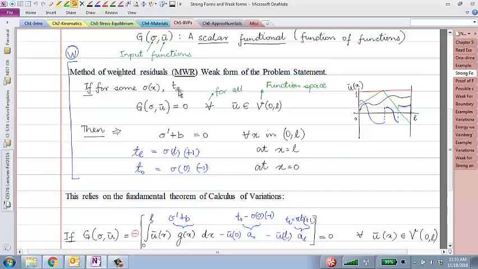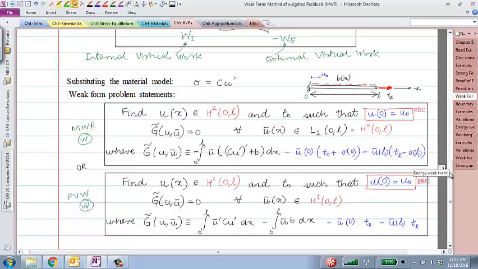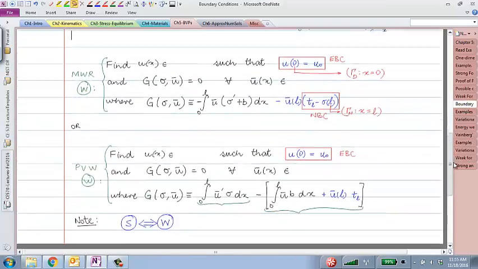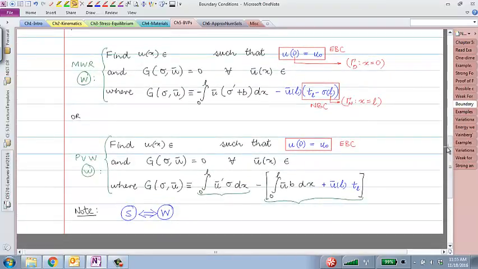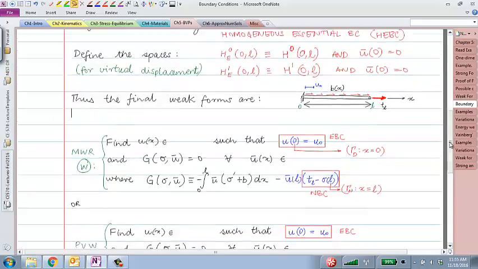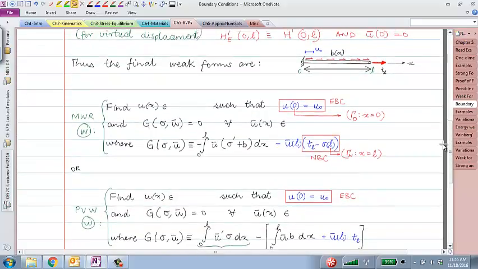We'll see some examples of this. Let me see, where were we? Here. So if we use this homogeneous essential boundary condition, we will rewrite these weak forms without that u bar 0 term.